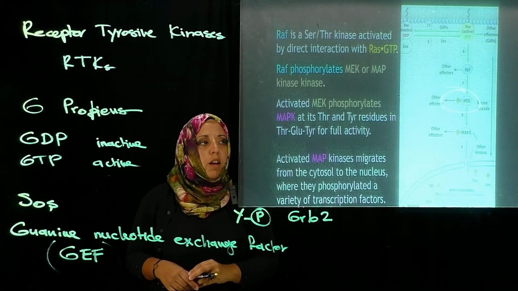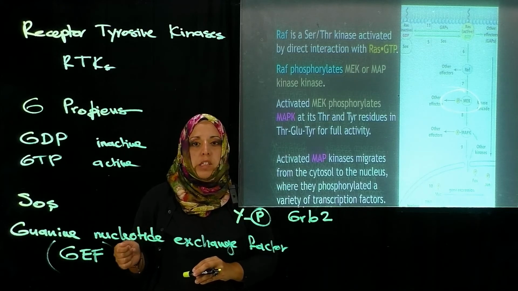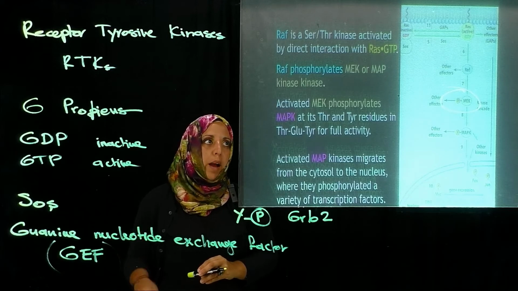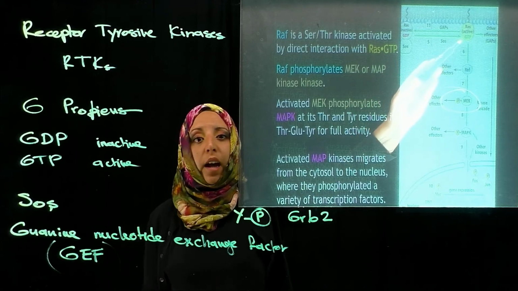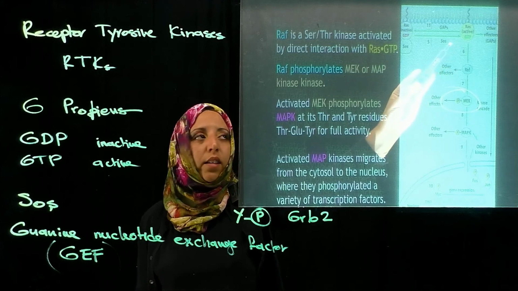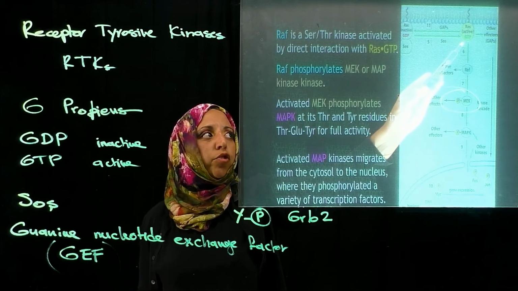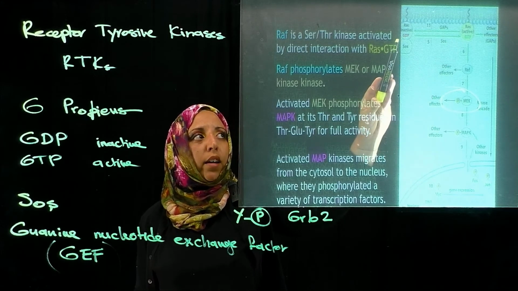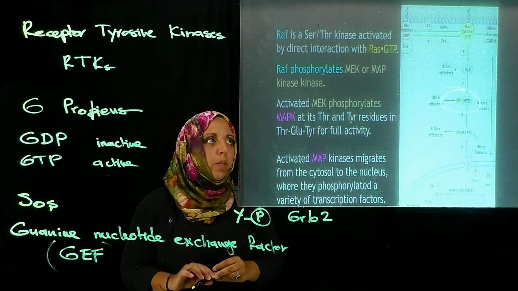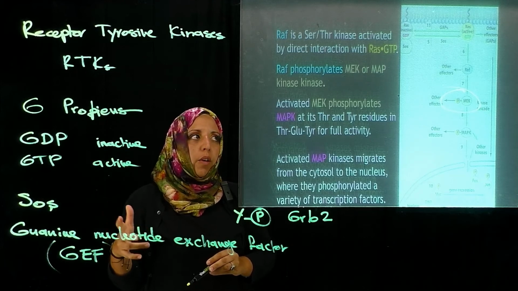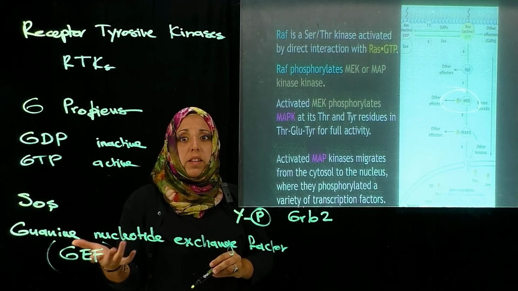Well, how is that particular signal controlled, or the magnitude of that signal? Well, Ras itself is actually an enzyme. It can catalyze the hydrolysis of its bound GTP back to GDP. Ras is an enzyme, but it can only do so at a rate of a few GTPs per minute.